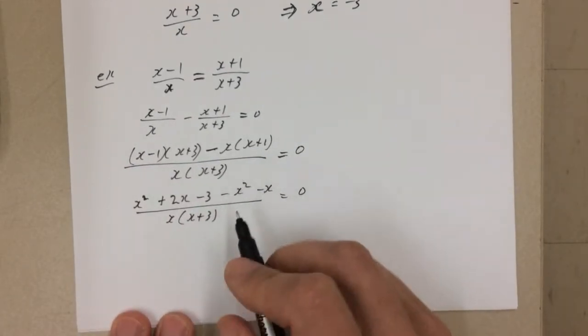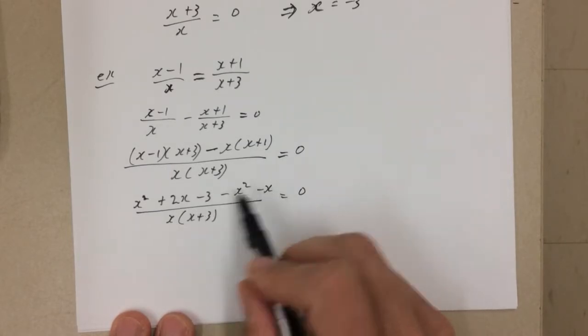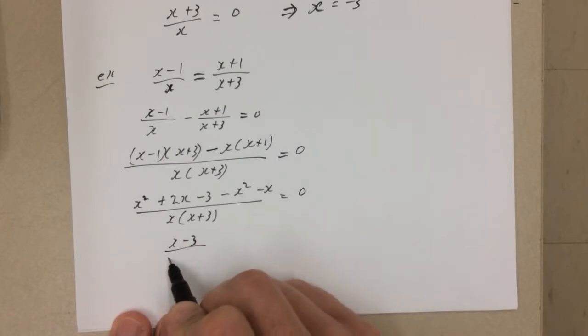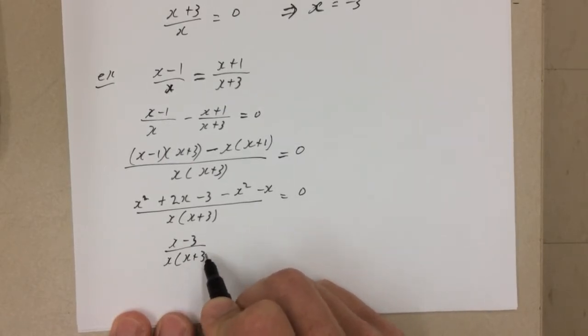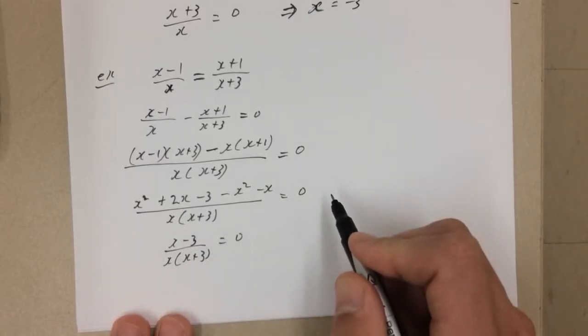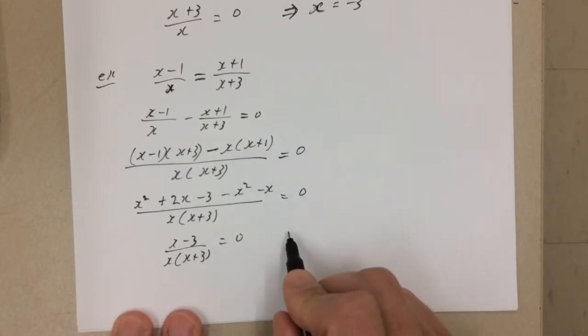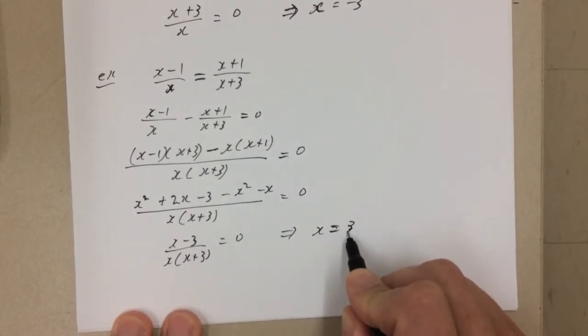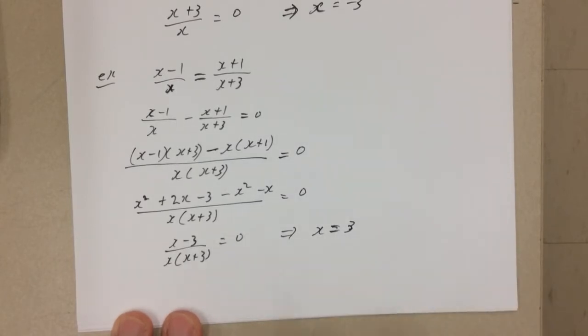Now the x squareds cancel out, and you get x minus 3 on the top over x times x plus 3 equals 0. And now you can state that x equals 3 is the solution.